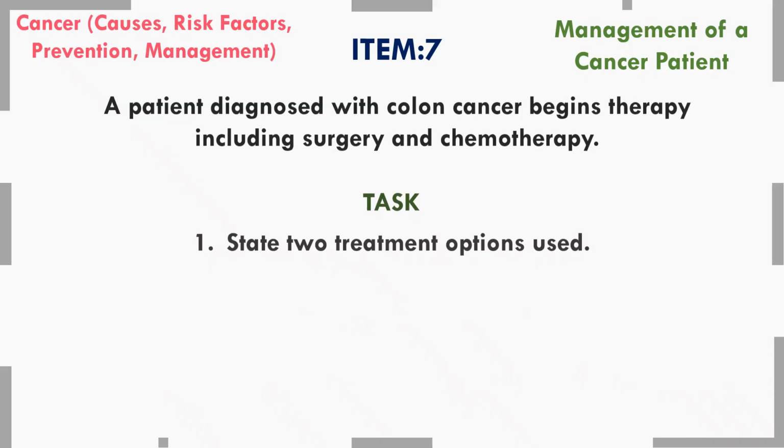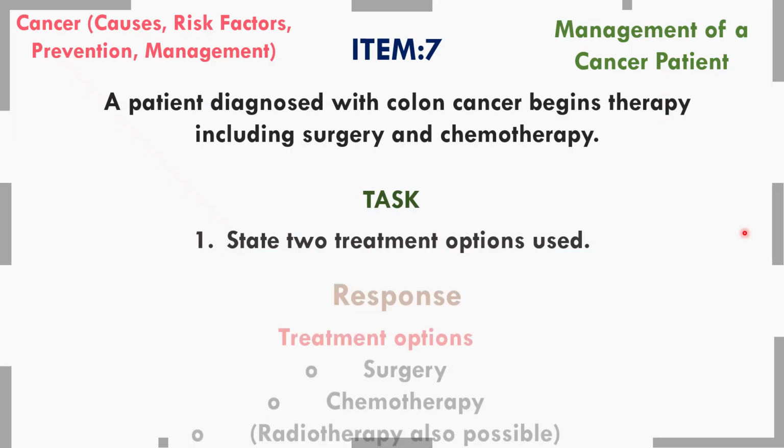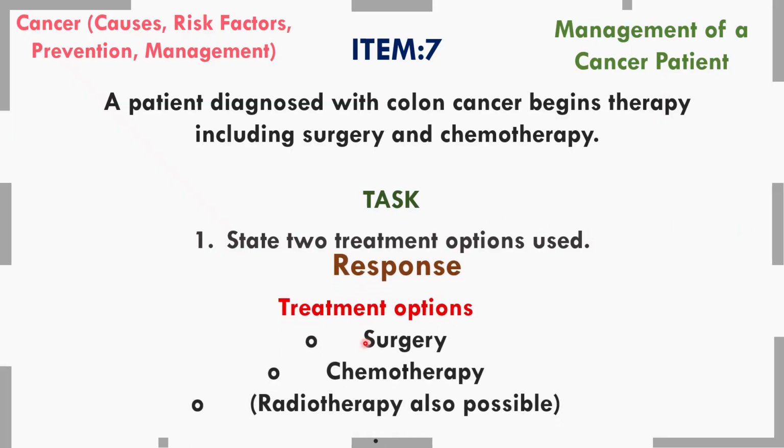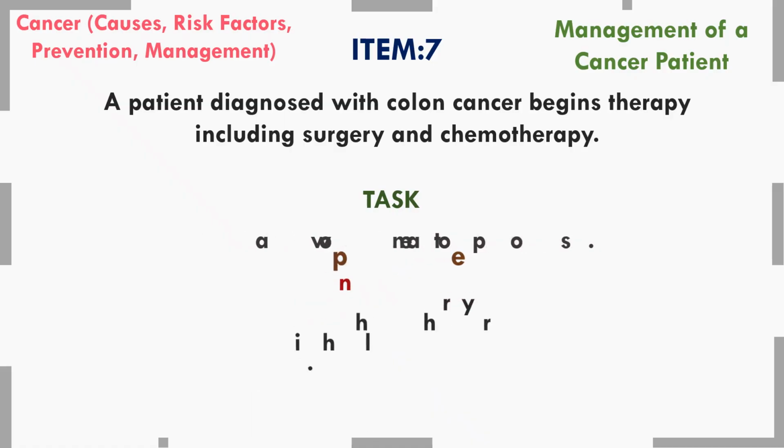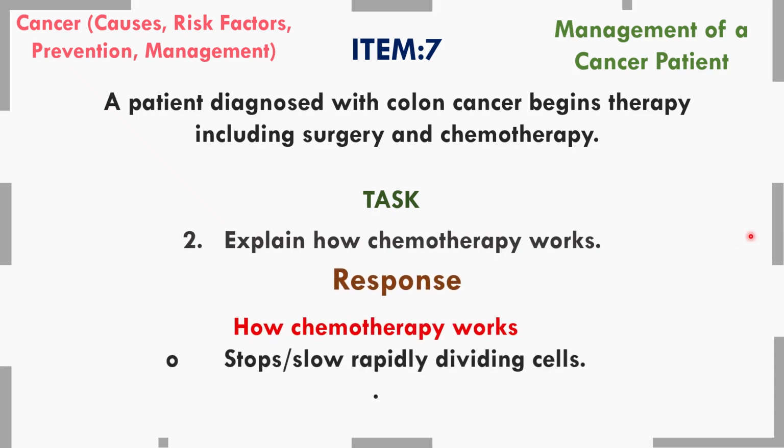State 2 treatment options used. Treatment options include surgery, chemotherapy, radiotherapy also possible. Explain how chemotherapy works. How chemotherapy works: it stops or slows rapidly dividing cells.